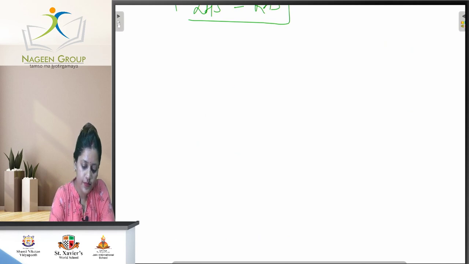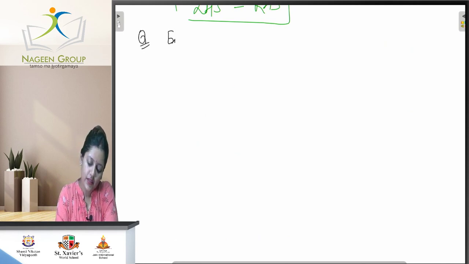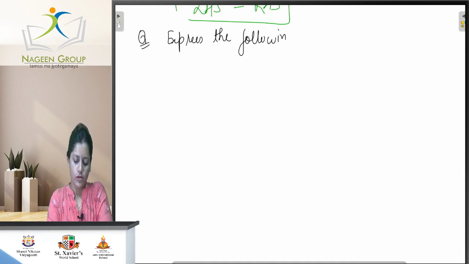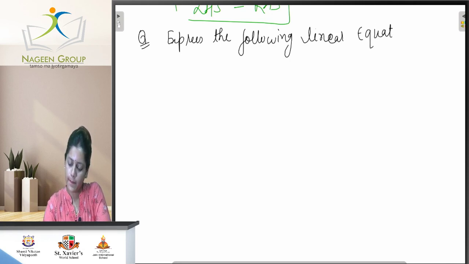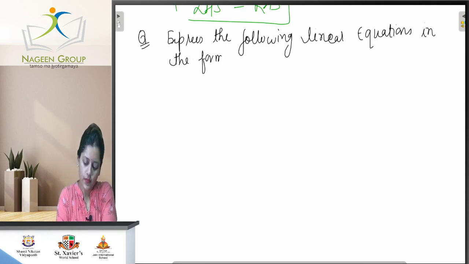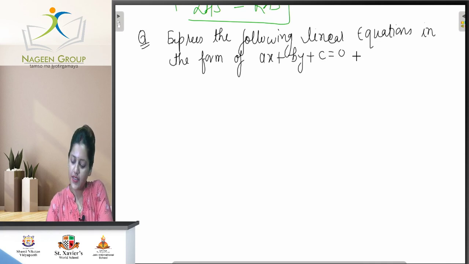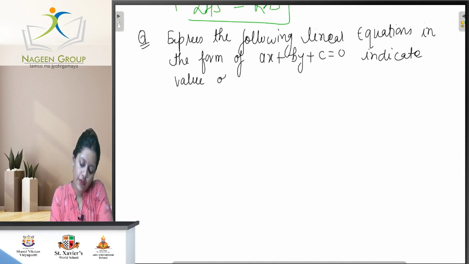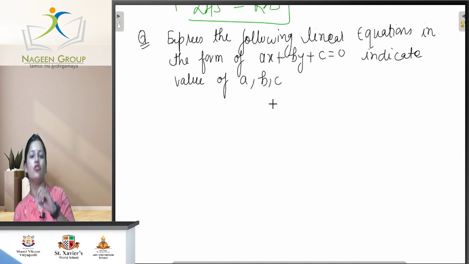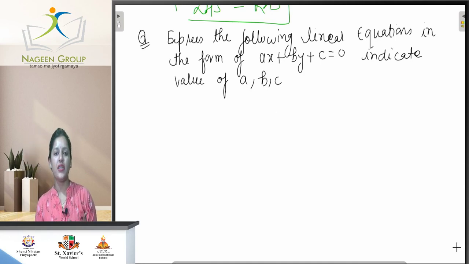So the question is: express the following linear equations in the form ax plus by plus c equals 0 and indicate the values of a, b, c. That means you have to change the given equation into the general form of a linear equation and find the values of a, b and c.